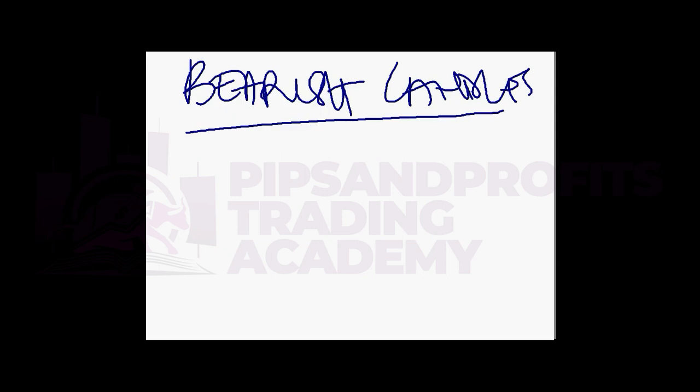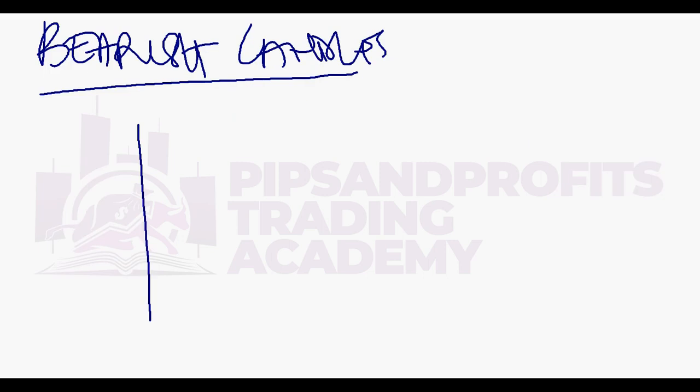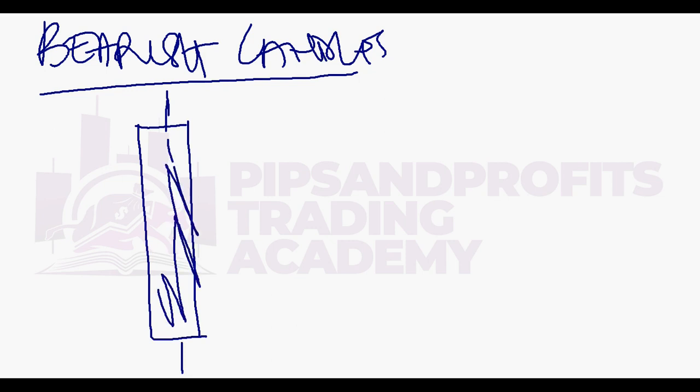We are looking at the anatomy of a bearish candlestick. So this is how a bearish candlestick looks like. The same drawing, but this time we want to color it like this, just to show that this is a bearish candle.